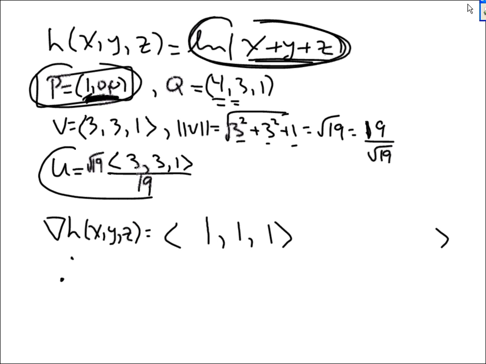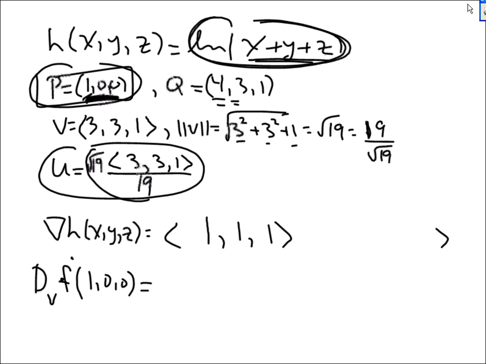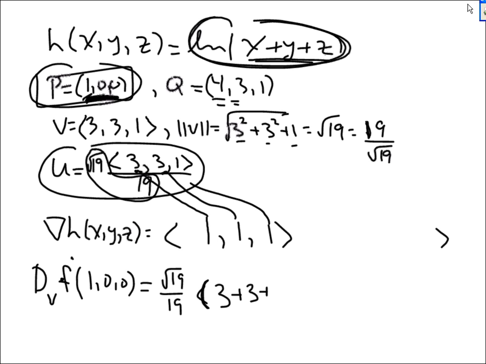And we have u. We dot them. The directional derivative of f at 1, 0, 0 in the direction of v is, you dot them. The constant tags along, square root of 19 over 19. 1 times 3 is 3, plus 1 times 3 is 3, plus 1 times 1 is 1.